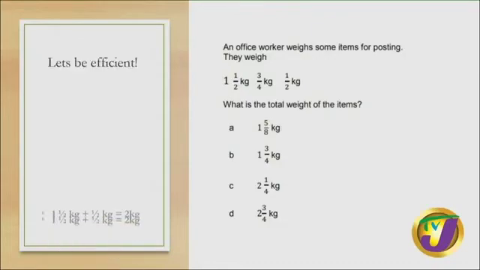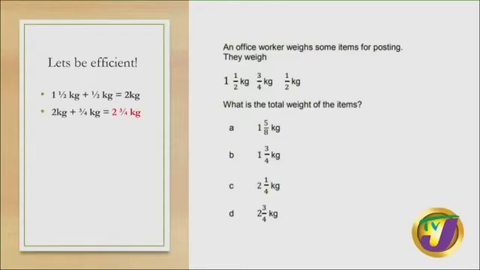So let's do that now. 1 1/2 plus 1/2 gives us 2 kilograms. And 2 kilograms plus 3/4 gives us 2 3/4 kilograms. And that's it. That was such an easy question. Everyone should get these questions correct on their stage 2 paper.